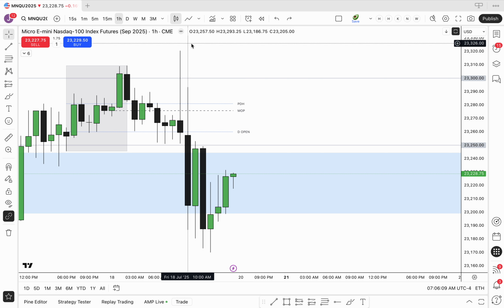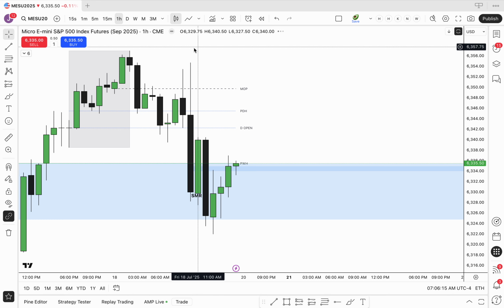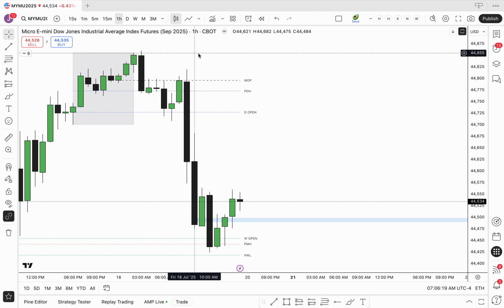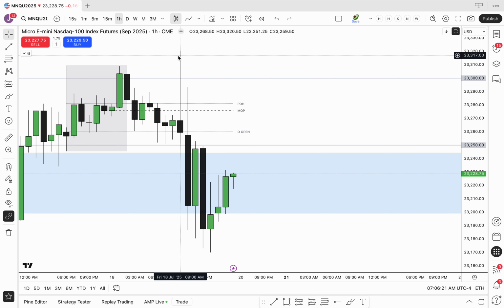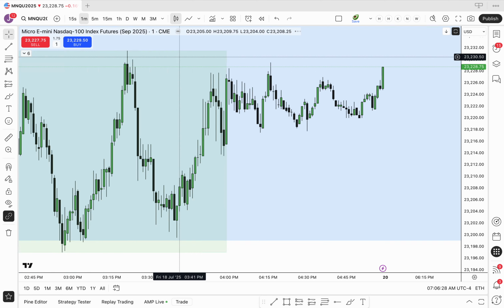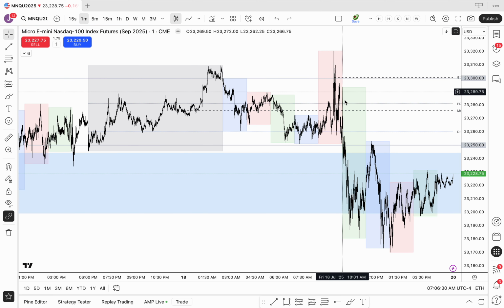And if you're looking at the other charts, the other indices, which is recommended, then obviously you see Asia's still intact, and at that point, once this hourly candle takes out that high and the others don't, then you want to zoom in and try and find your trade.